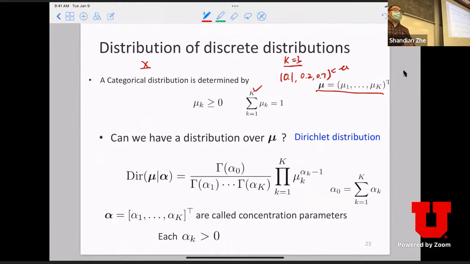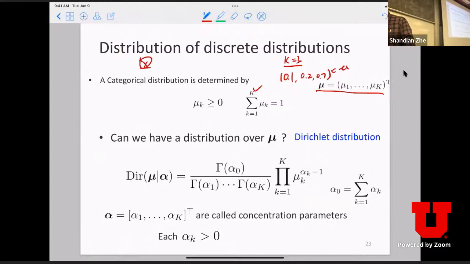This can be an instantiation of your mu. It's an actual probability vector. Under this probability vector, you have a chance of 0.1 to generate category 1, 0.2 to generate category 2, and 0.7 to generate category 3.